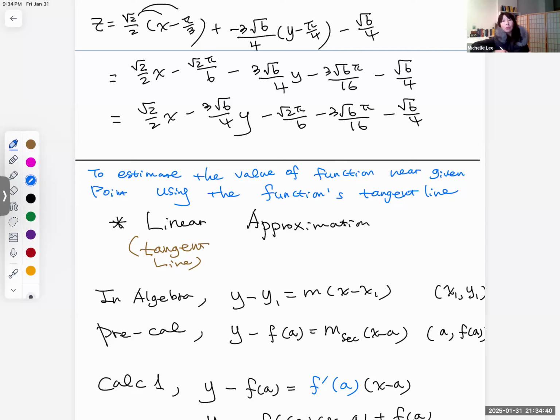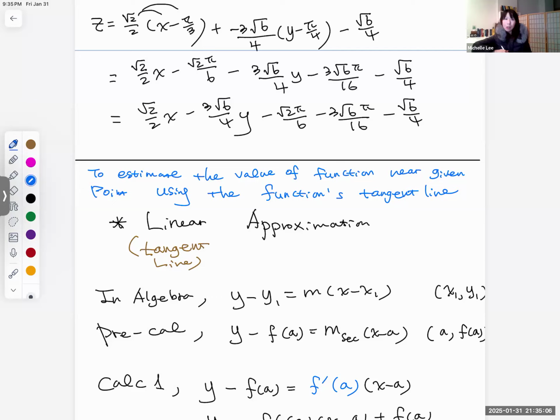So how did we do linear approximation? So what is a linear approximation? When we want to estimate the value of a function near a given point, we are using the function's tangent line, right? So basically, linear approximation in other books is also called tangent line or tangent approximation, right?